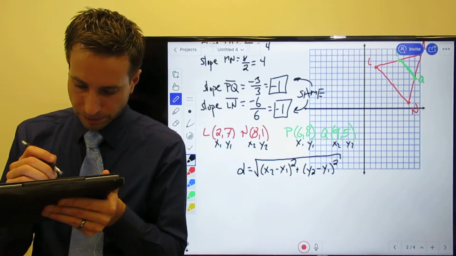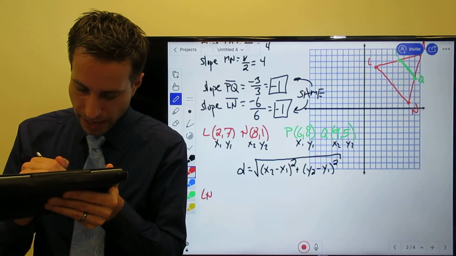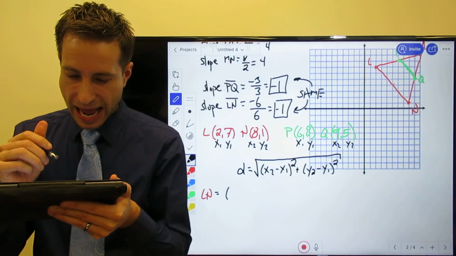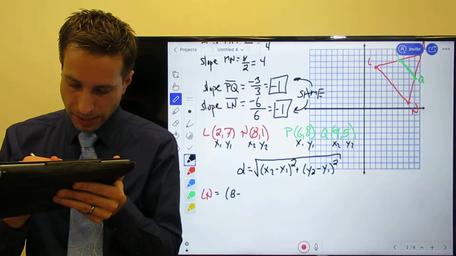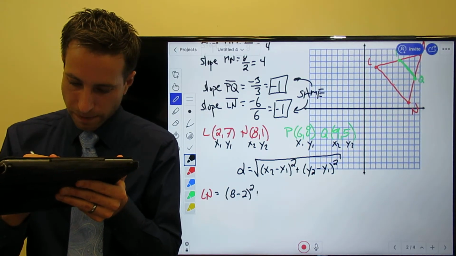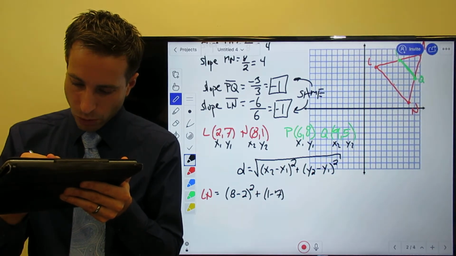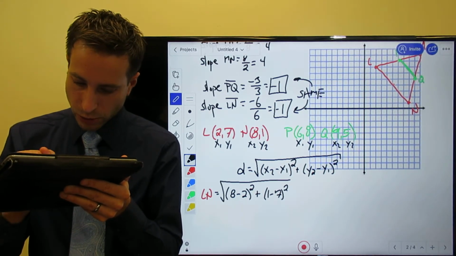So here we go. LN. Let's see what we get. We're going to have 8 minus 2, which we will square, plus 1 minus 7, which we will square, take the square root.